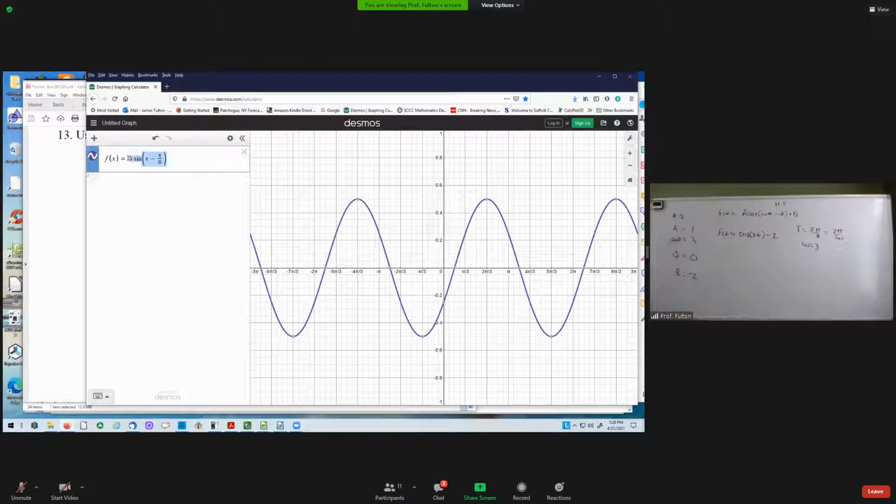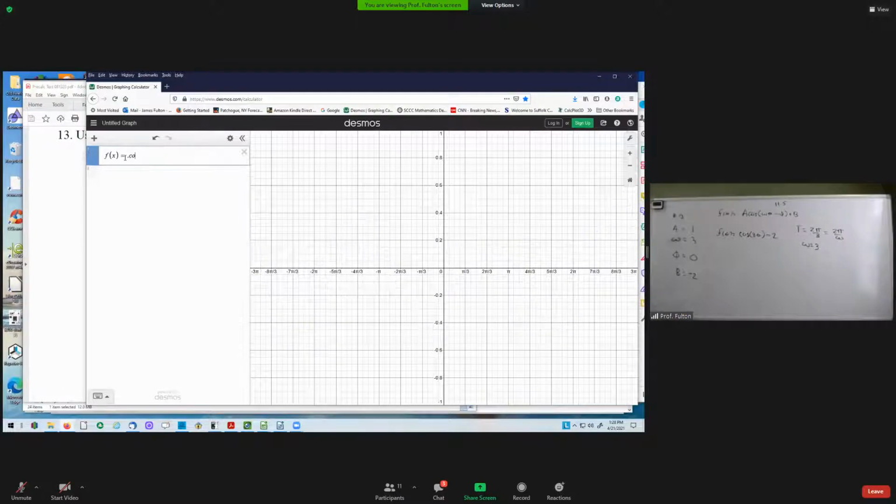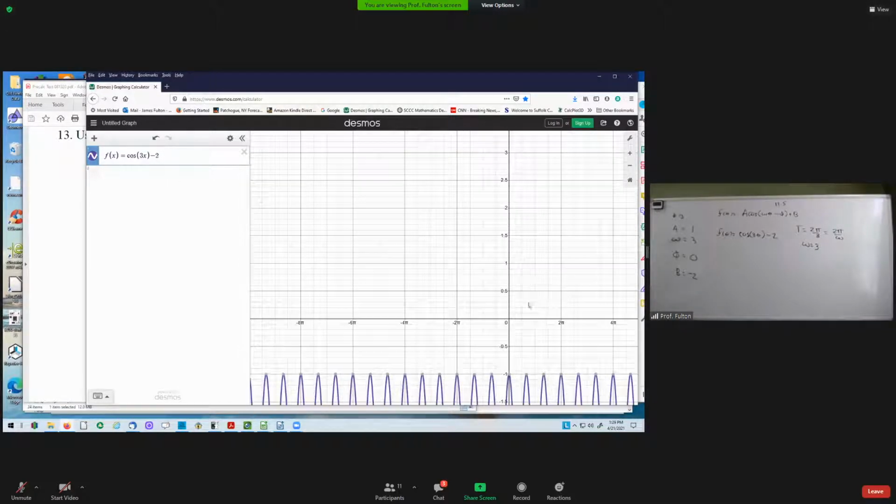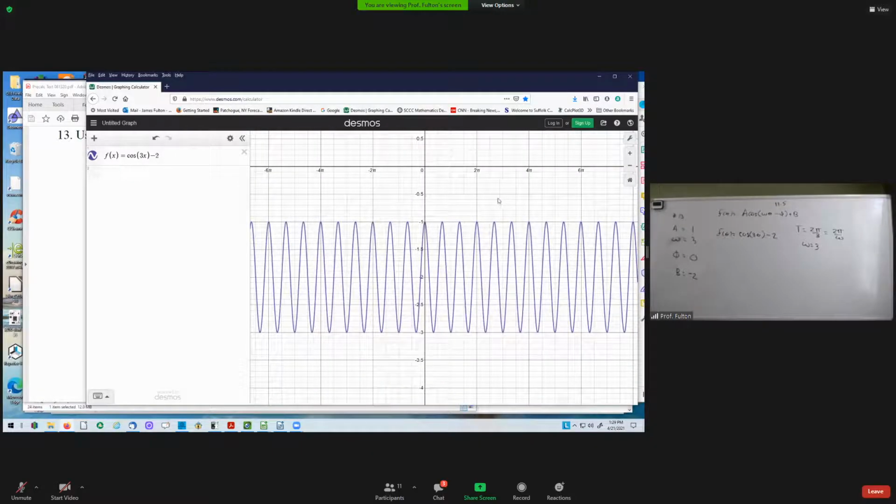So take our cosine of 3x, and then minus 2. Cosine 3x minus 2. You kind of see what's happening over here.